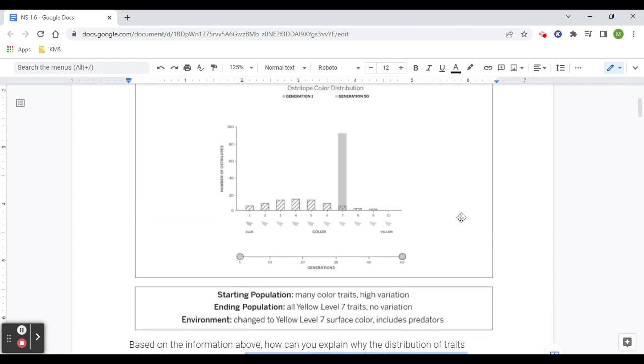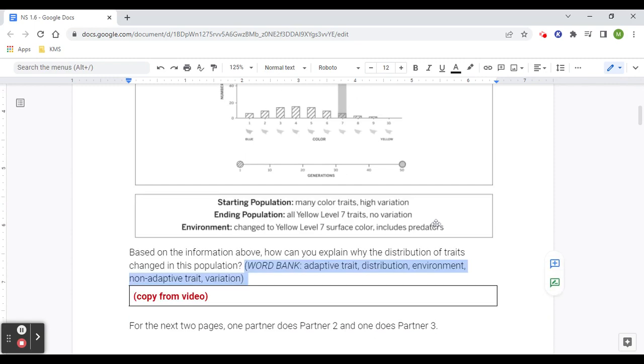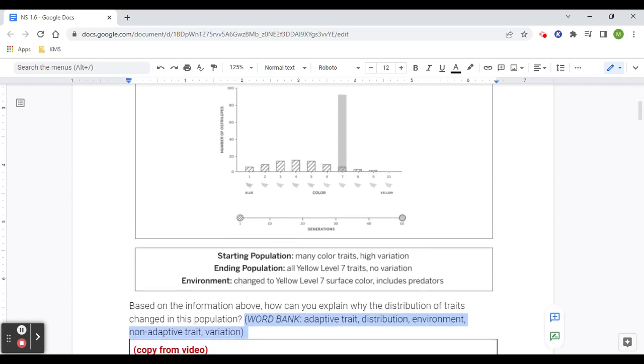Okay, so you can start out by just explaining the variation, that it started out high variation and ended with low variation to no variation over 50 generations. I want you to explain why. So you can tell kind of what I just said by the environment changing, and the fact that it included predators. So because the environment had factors that made certain traits, such as yellow color in this one, that made them adaptive traits.